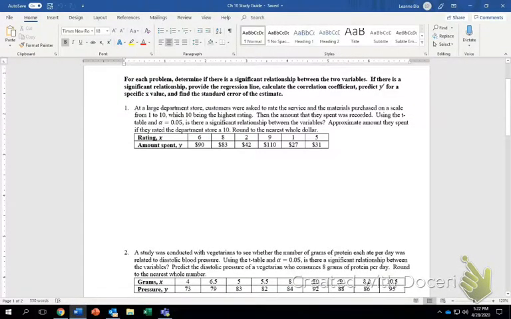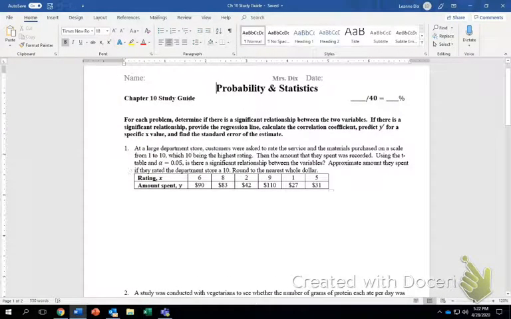So number 1. Please note the instructions say for each problem, determine if there is a significant relationship between the two variables. Okay, so in order to determine if there is a significant relationship between the two variables, we need a couple of things. We need to know which test we're doing. Are we doing a t-test or are we doing the Pearson test?